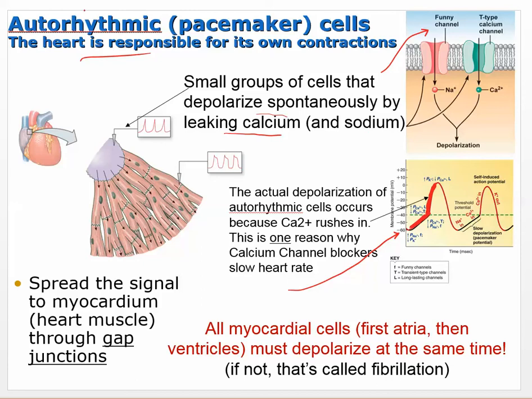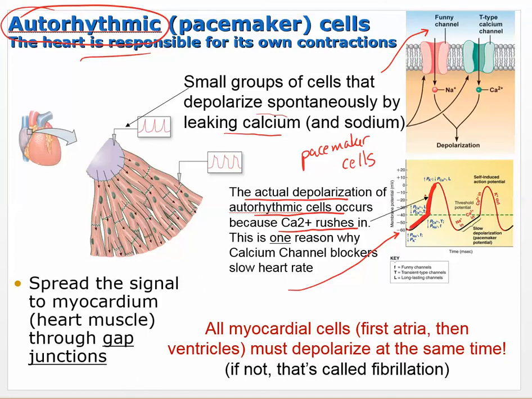Okay, remember, we're still talking about these smaller groups of autorhythmic cells or pacemaker cells. In the pacemaker cells, this is what confuses everybody. They get the pacemaker cells mixed up with the heart muscle cells or the myocardium. In pacemaker cells, it's calcium. So the actual depolarization of autorhythmic cells occurs because calcium rushes in.